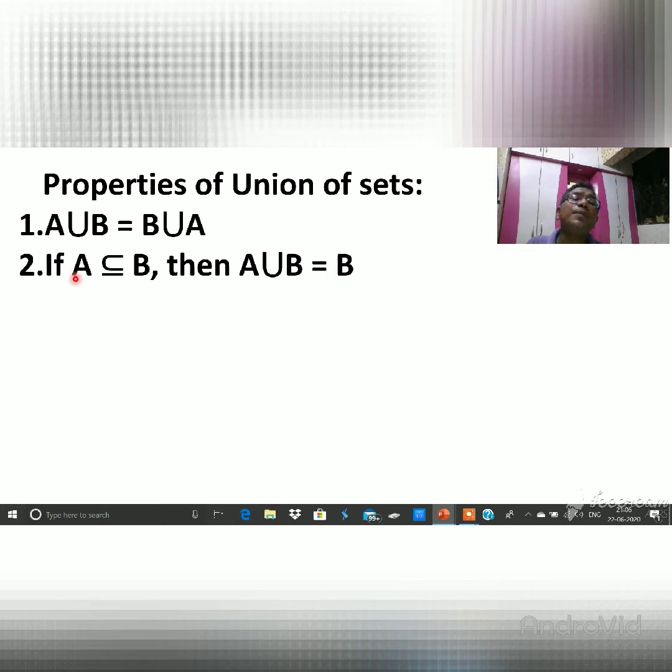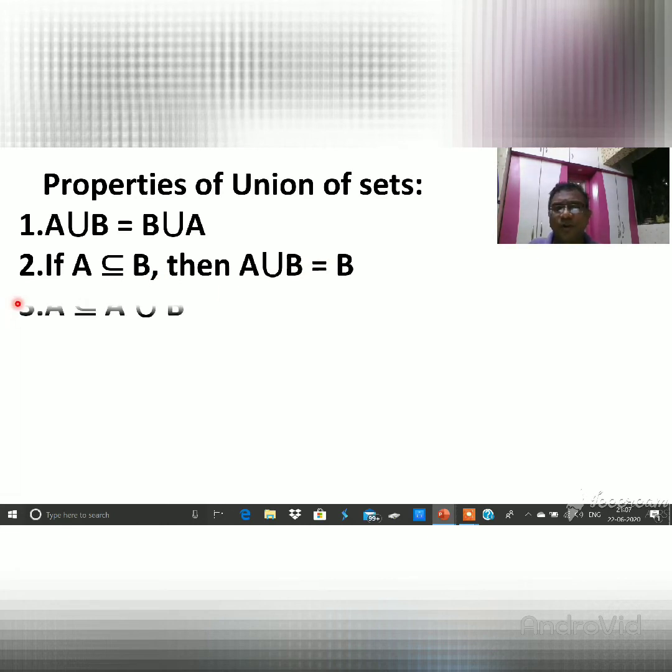Because whatever the elements of A are, they are already in B. So all elements are present in B. So A union B is equal to B because A is a subset of B, and all elements are in B. So here we are getting B.